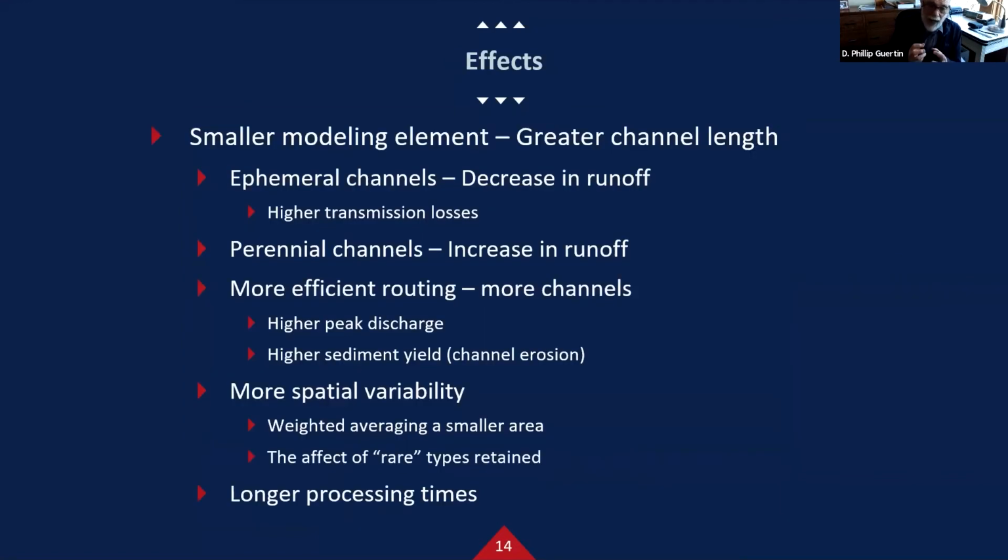This does have an impact on the type of response you may have. How you characterize the watershed, what kind of complexity you use, has an impact on what type of output you will get for a given simulation. The smaller the modeling element, the greater the channel length. That's one given.